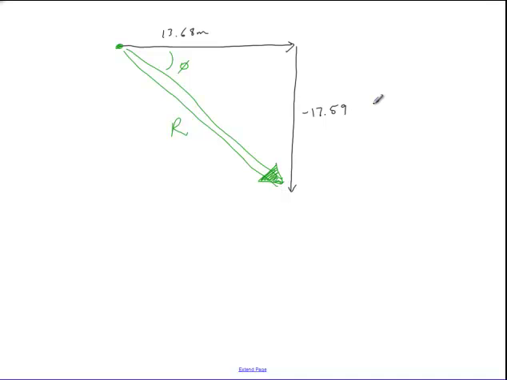Okay, so now let's use these values and figure this out. R equals the square root of 13.68 squared plus negative 17.59 squared.